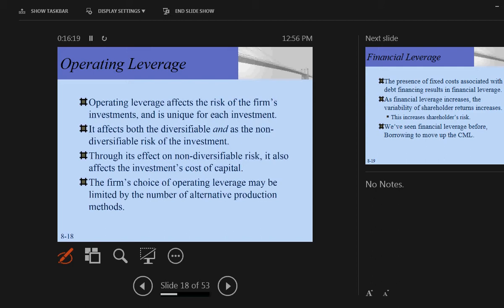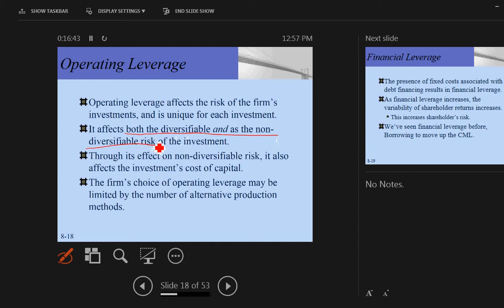Now, operating leverage is going to affect the risk of an investment. It's going to be unique for each investment. So a pizza place is going to have its own unique operating leverage compared to, say, a nanotechnology research center, right? But what matters is that operating leverage is going to affect both diversifiable and undiversifiable risk.